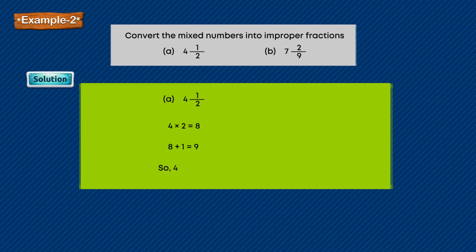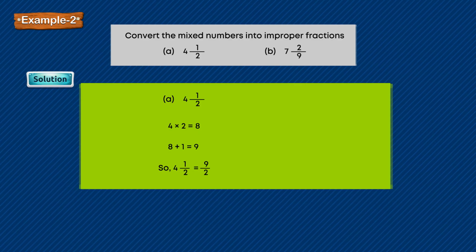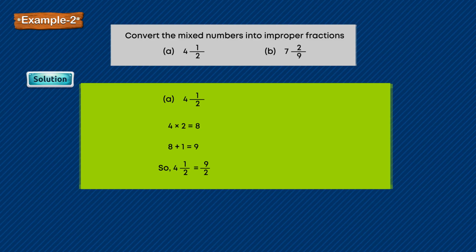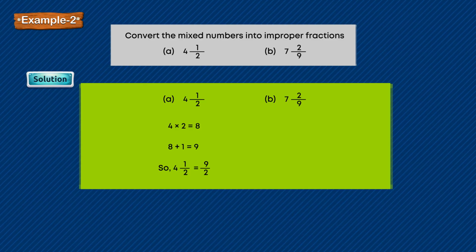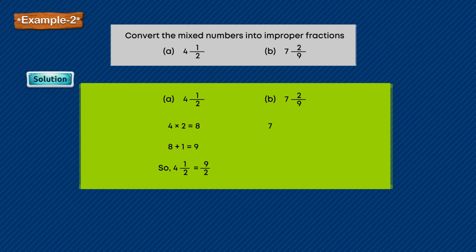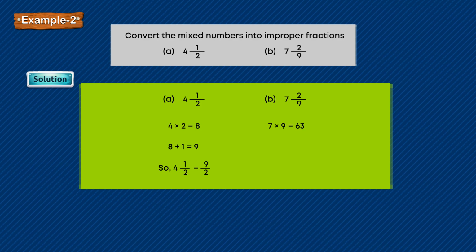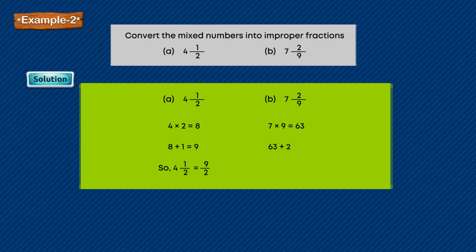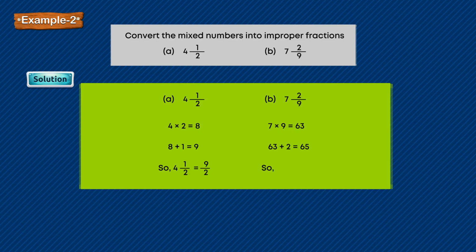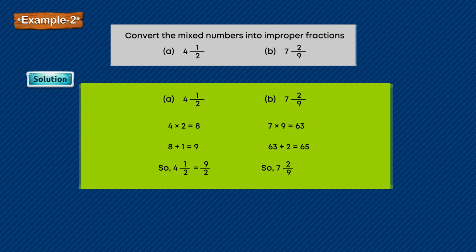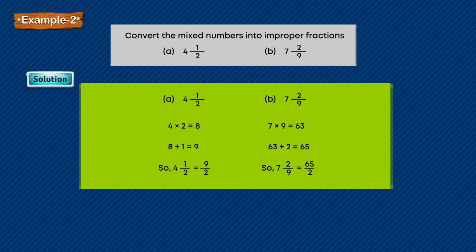So, 4 1/2 is equal to 9/2. B. 7 2/9. 7 into 9 is equal to 63. 63 plus 2 is equal to 65. So, 7 2/9 is equal to 65/9.